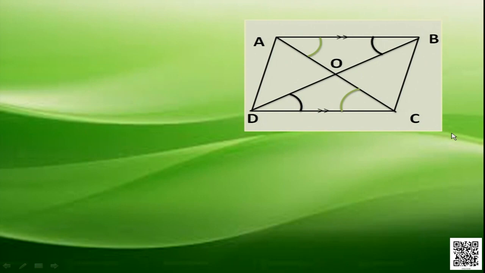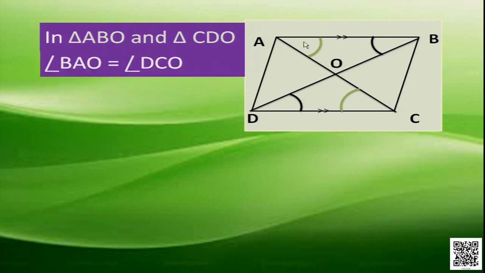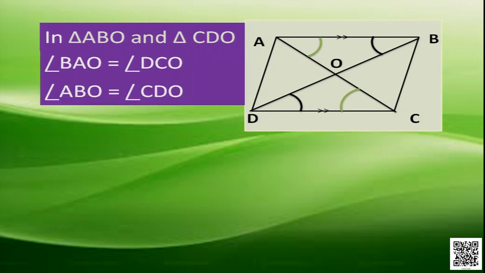Now, in triangle ABO and CDO, we have these two triangles to be compared for congruency. So in these two triangles, what are equal? Angle BAO is equal to angle DCO, because these two are alternate interior angles, and angle ABO is equal to angle CDO.